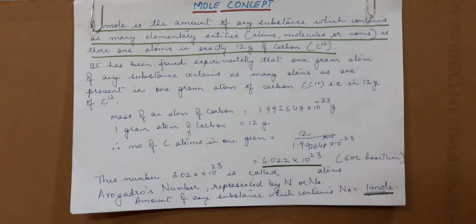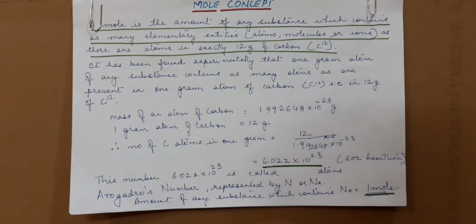So for a chemist, the unit of counting atoms, molecules, ions, electrons, protons, all these microscopic particles is in terms of mole. That is MOLE.